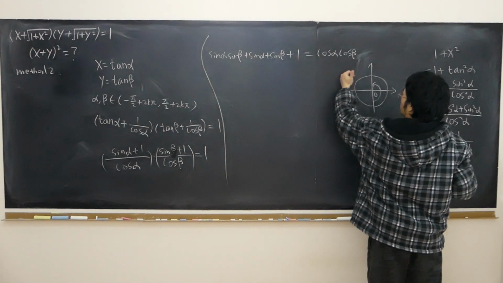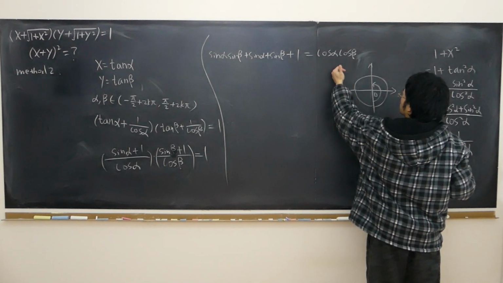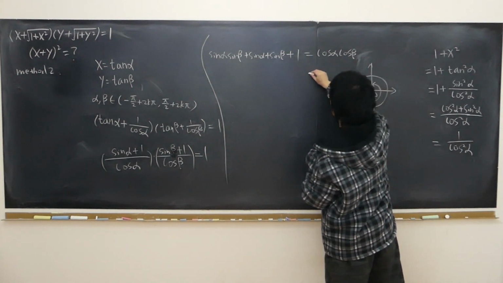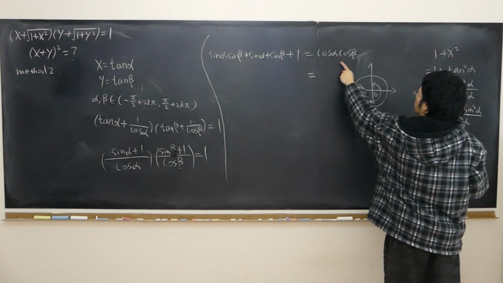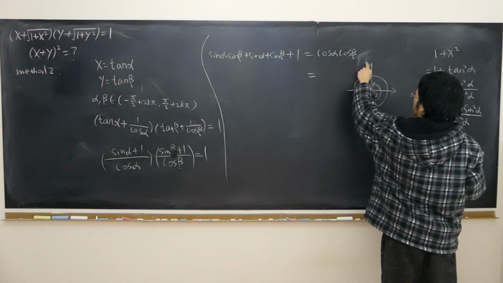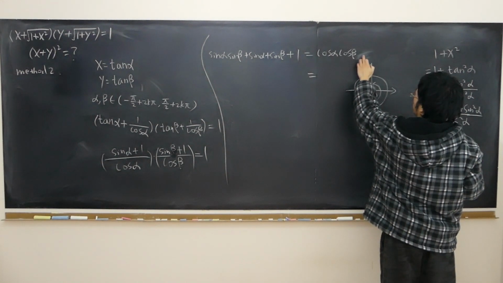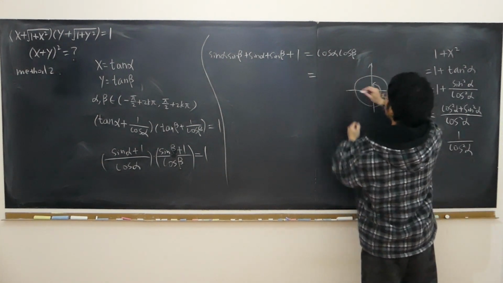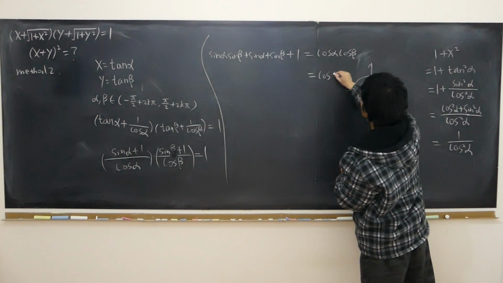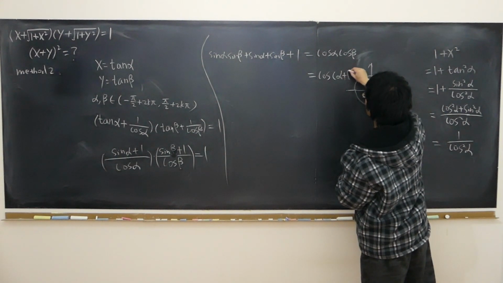So we have an angle sum, angle difference, or whatever. Remember, cos times cos minus sine times sine. Since it's a minus, we have a plus as the inside angle, which is cos of alpha plus beta.